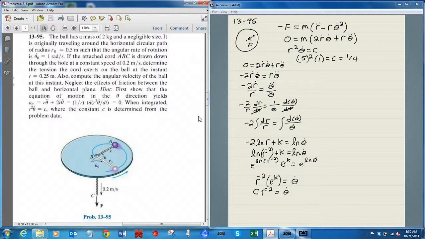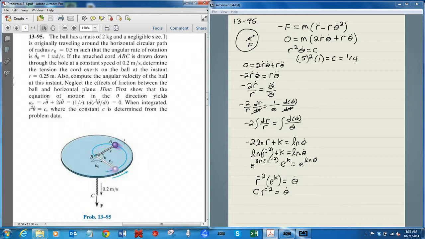Okay, what we're looking for is the force F. So in order to get F, we need the mass, which we're given. We need r double dot, we need r, and we need theta dot. So the mass is 2 kilograms. The problem statement tells us that the rope is being pulled in at a constant rate of 0.2.